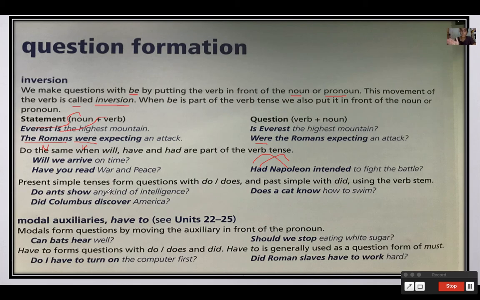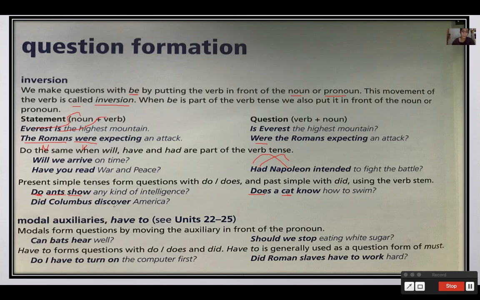Okay, and remember, do is an auxiliary when we are making a question. If you see over here, do ants show any kind of intelligence? Over here, does a cat know how to swim? Does is the verb and cat is the noun. Do is the verb and ants is the noun, and then we have the principal verb.